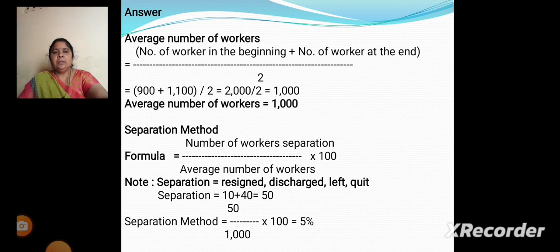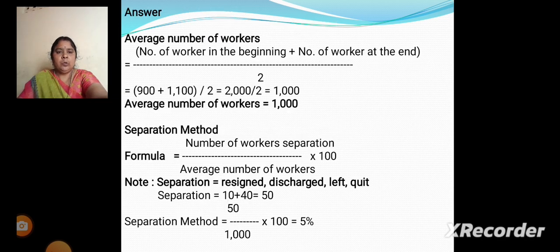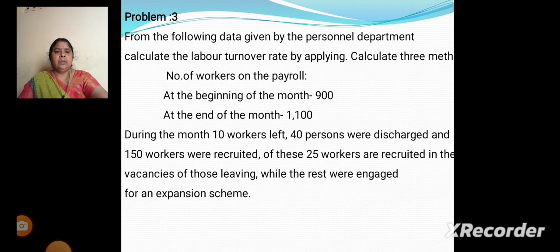Okay. Next method is the replacement method. Replacement includes only those recruited in place of those who are leaving the job. Expansion recruitment is not included in the replacement. So we go to the problem. 150 workers were recruited. Of these, 25 workers are recruited in the vacancies of those leaving. The company recruited 150 workers.